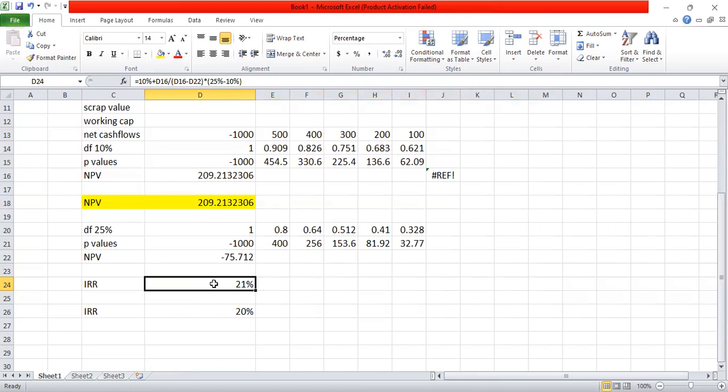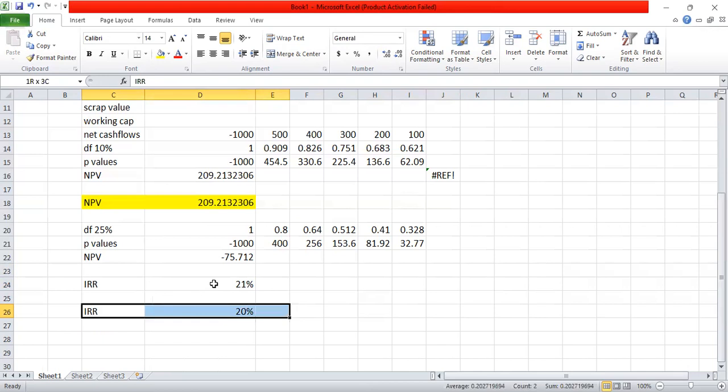So guys, when we actually perform on the calculator, minus minus gets plus. That's why we add. But here, as Excel is doing the calculation, you have to perform the calculation like this. But as this is a time consuming process, simply you will apply the IRR spreadsheet function. That is more value adding for you people.